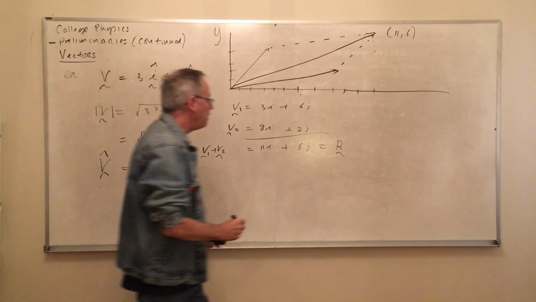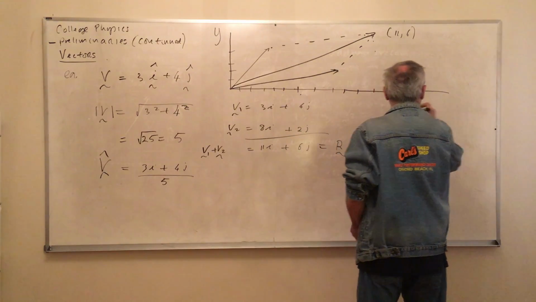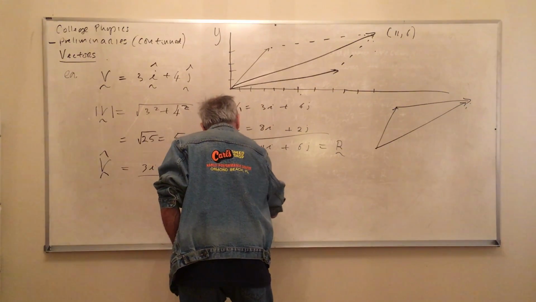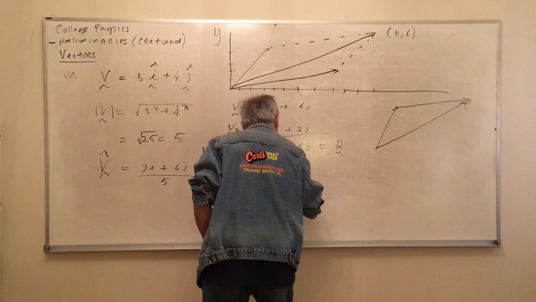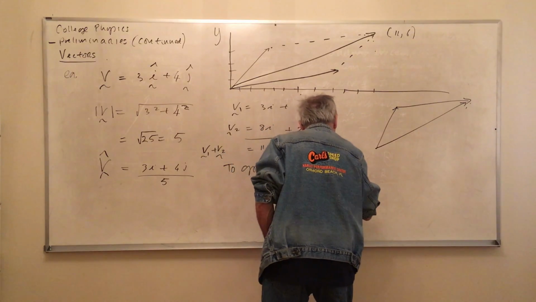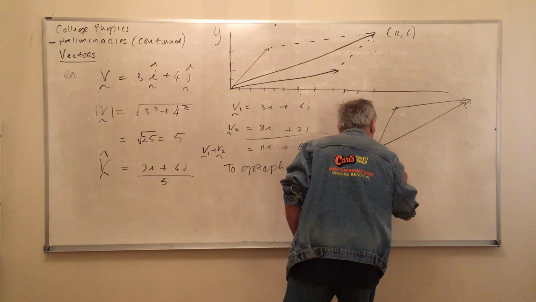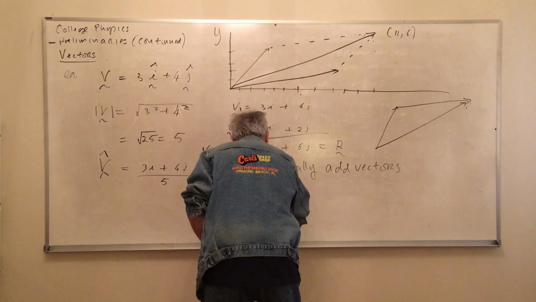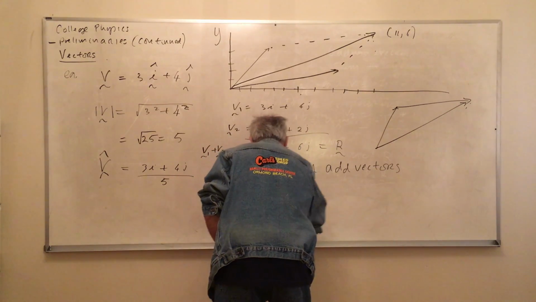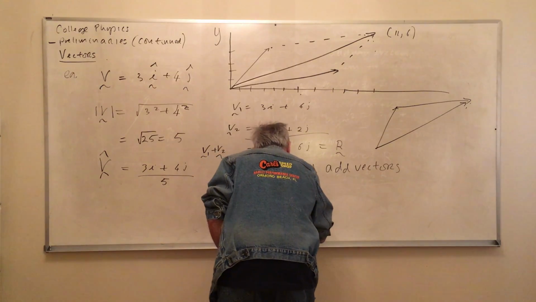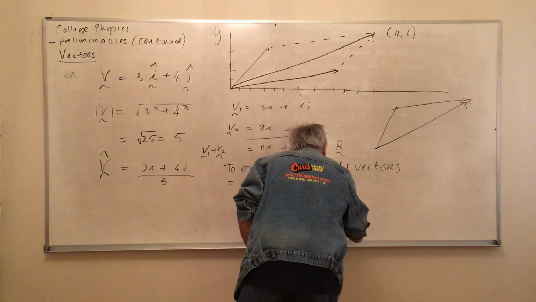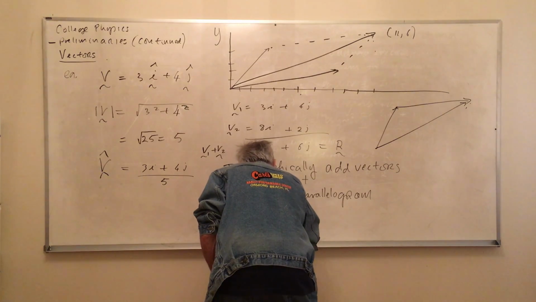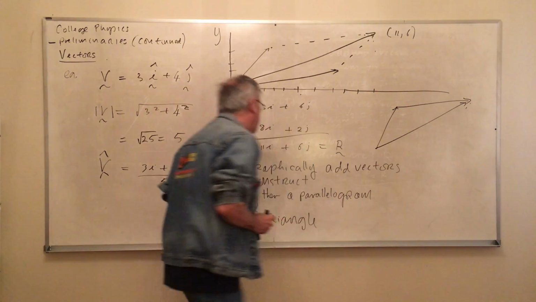Or we can make a triangle to add the vectors. This is the case for only two vectors.